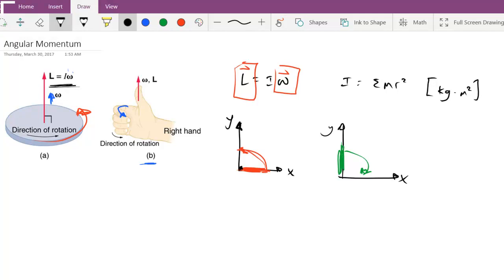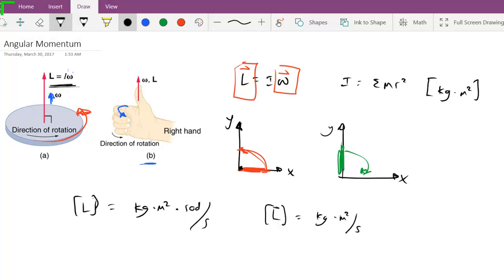So your units for the angular momentum are equal to kilogram meters squared times radians per second, but radians are actually a unitless dimension, and so the units of the angular momentum are kilogram meters squared per second.